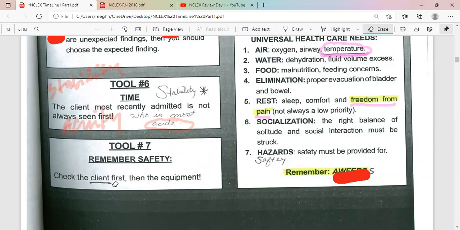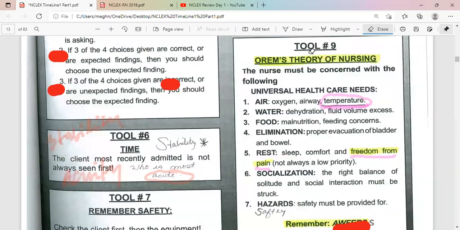Check the client first, then the equipment, like for a patient with a chest tube or tracheostomy tube. If any abnormalities occur or a reading is not normal, we always check the client first, then we check the equipment.